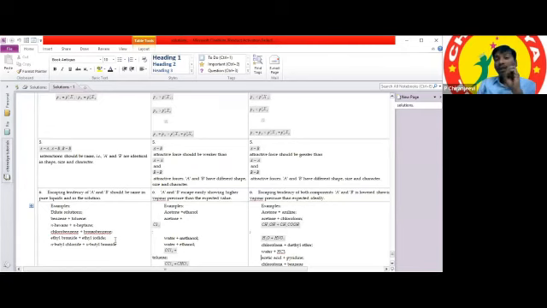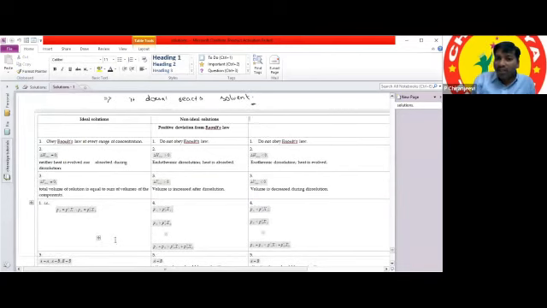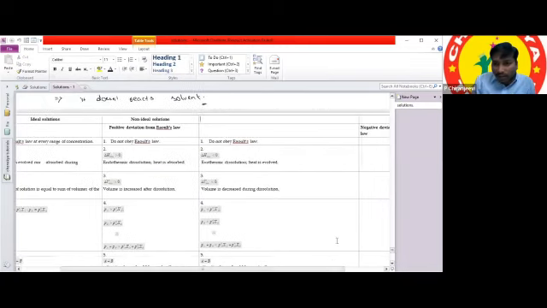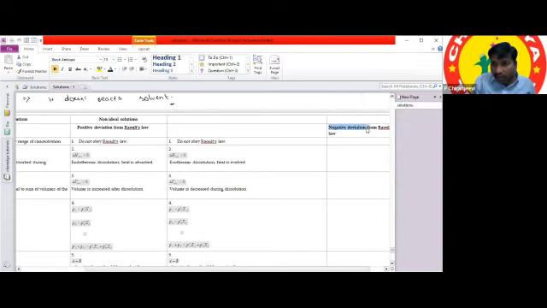Again, based on the intermolecular attraction forces of the solute and solvent, non-ideal solutions are classified into two types. One is called the positive deviation non-ideal solution, and the second is called the negative deviation non-ideal solution.